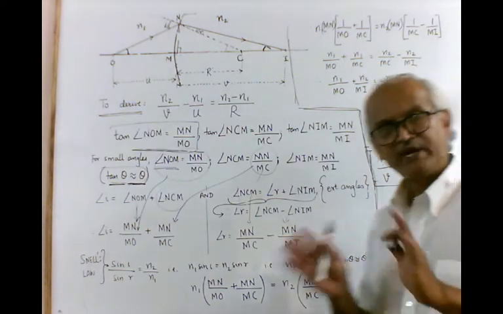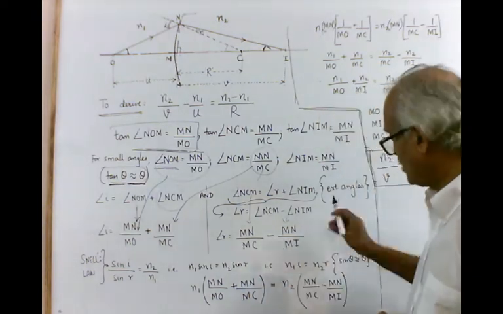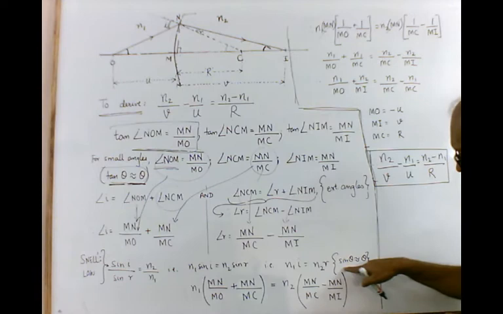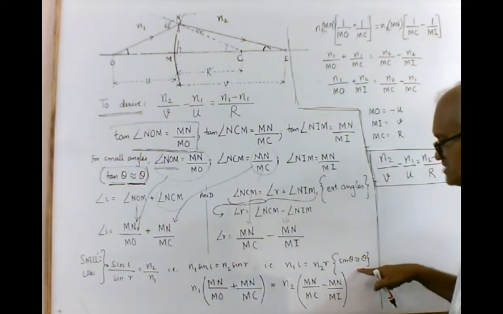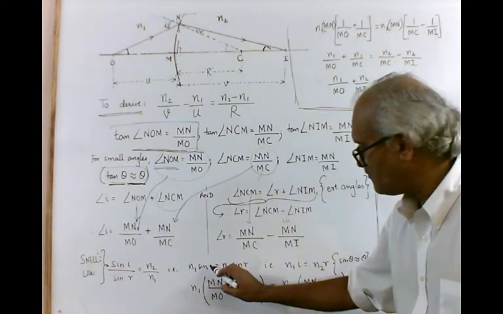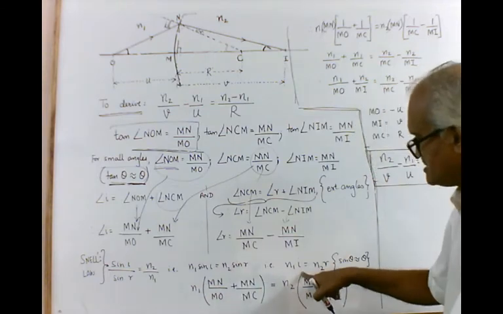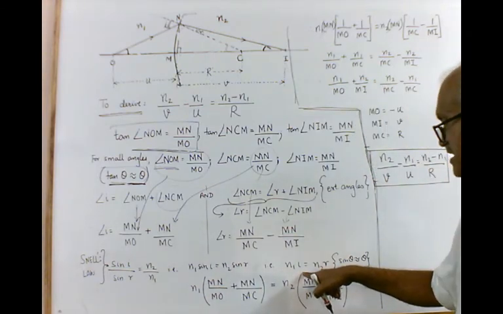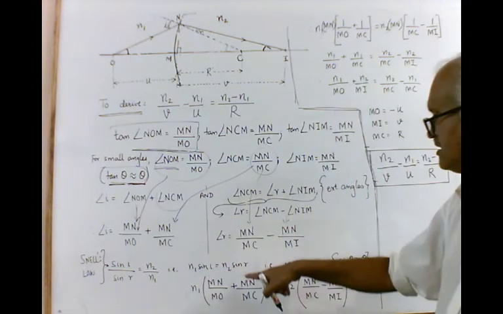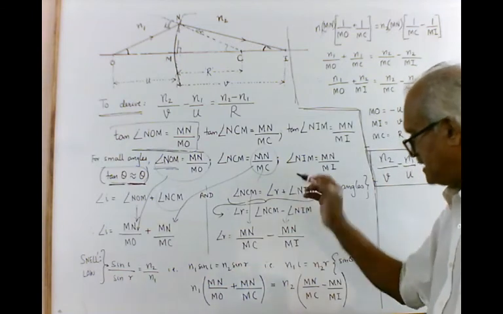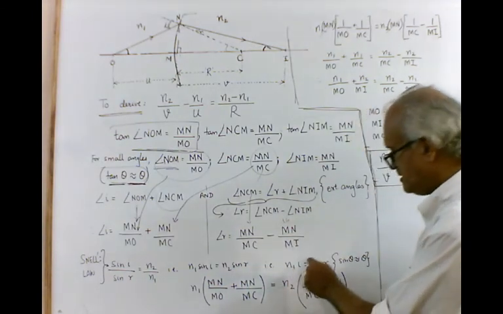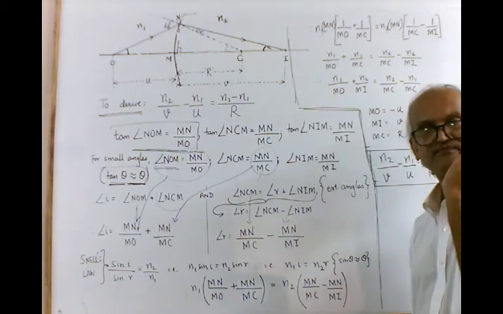And so for all practical purposes, for small angles, sin theta is almost equal to theta, and so we can write, instead of sin I, just I once again. So n1 sin I equal to n2 sin R now becomes n1 I is equal to n2 R.